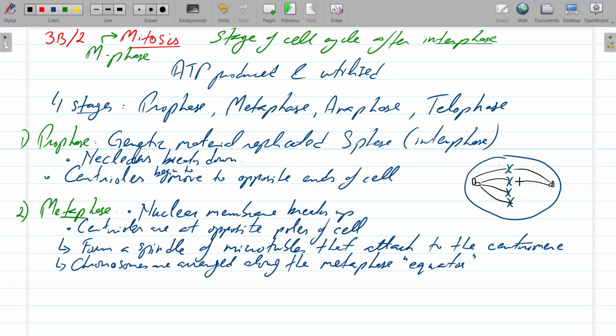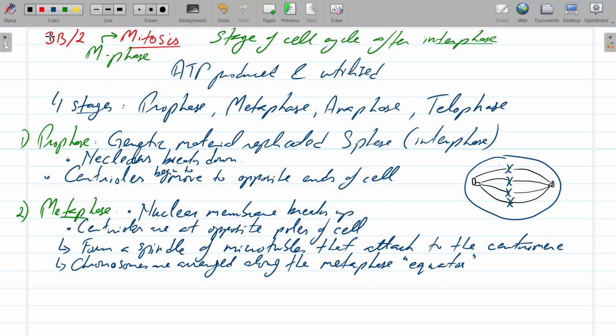Right, so these are microtubules that go all the way and connect to the centromeres of each of the chromosomes. Okay.